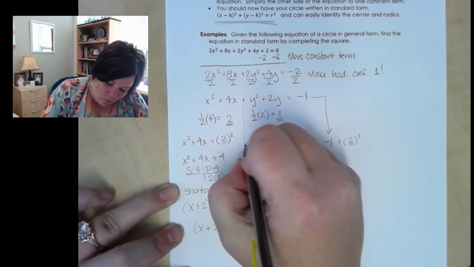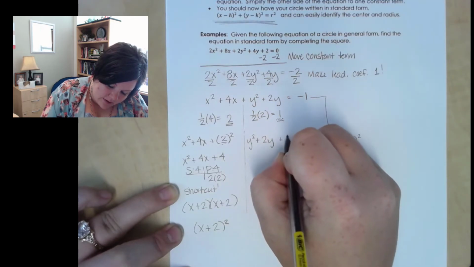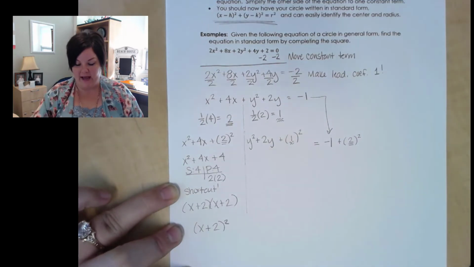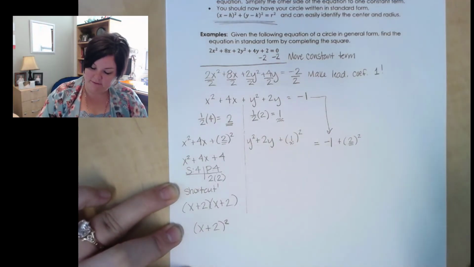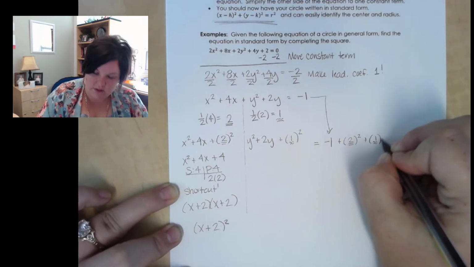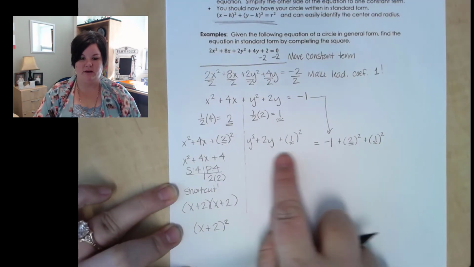So I have my y squared plus 2y plus now this 1 squared, right? And if I add 1 squared to this side, I also have to add a 1 squared to this side, okay? So now let's go ahead and simplify here.